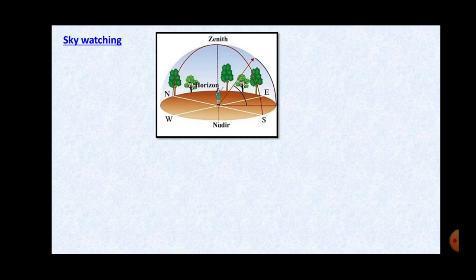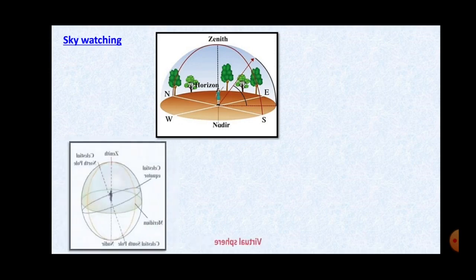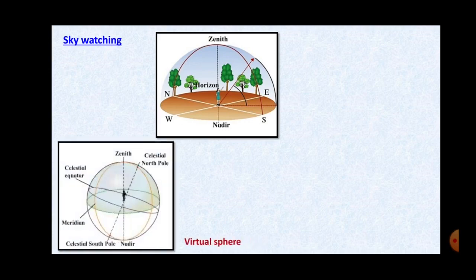So that line where we feel that the sky is touching the ground is called the horizon. Okay. And when we turn around, we will see that the horizon is seen as a circle.